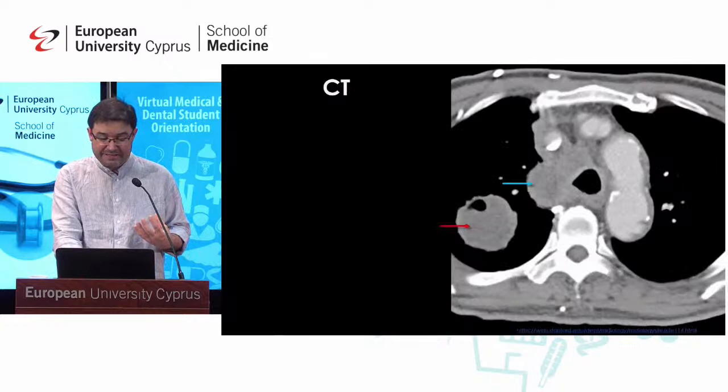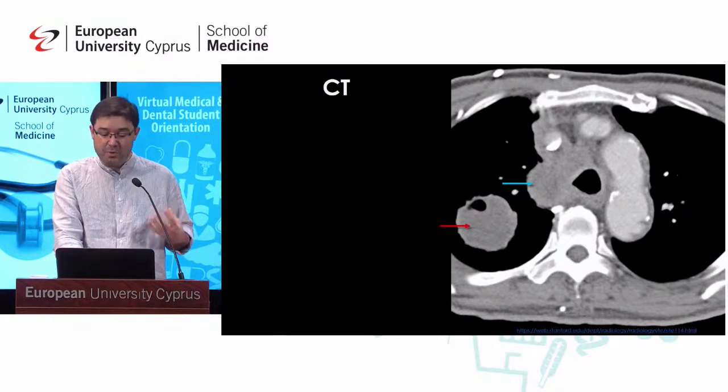Well, if you check our patient's CT, this CT showed the lung mass with the red arrow, and in addition it confirmed that the enlargement of the mediastinum was in fact caused by an enlarged lymph node, as we guessed before.